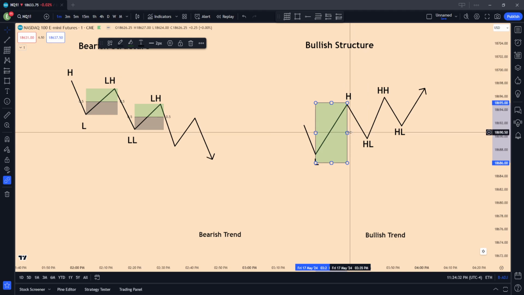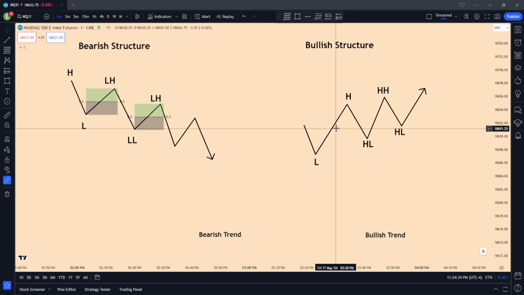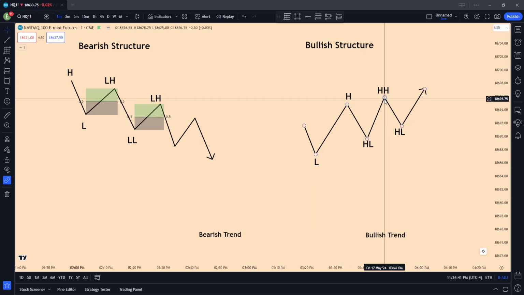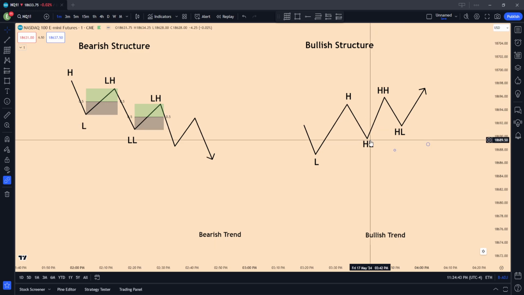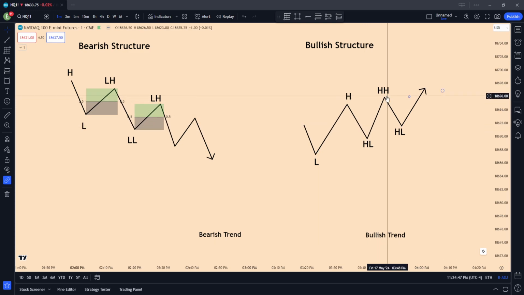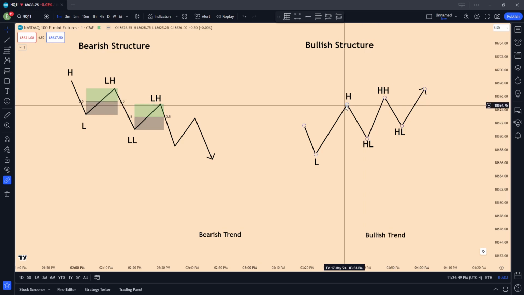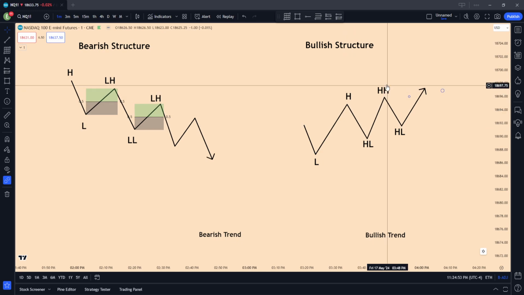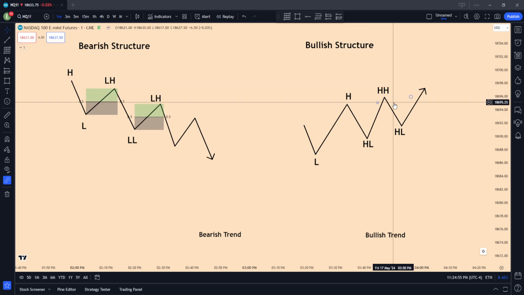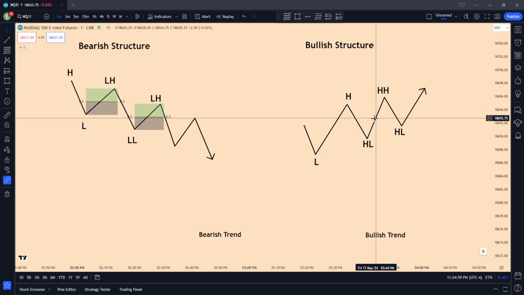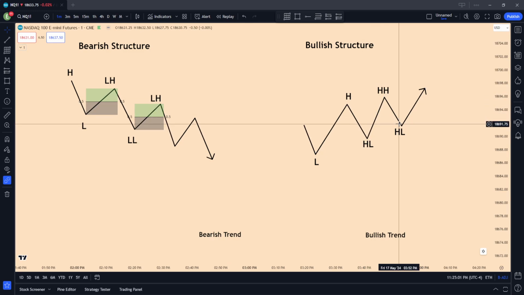So you have a price swing, and then it retraces, it swings again, and then it retraces. A price swing is considered a move in the market that takes out a previous high or low. And once price comes down back into the area of the swing, it's called a retracement.